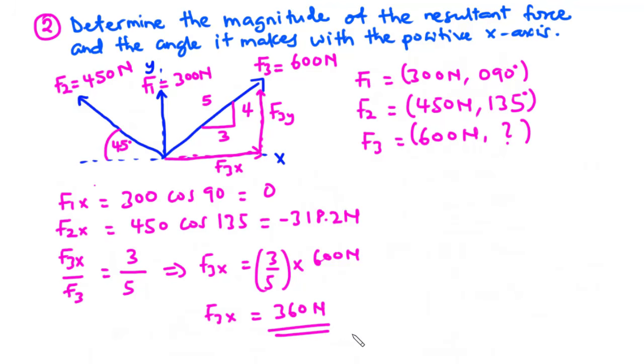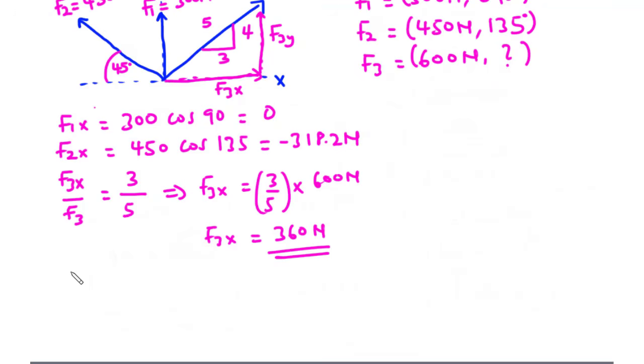So now let's find Frx. Frx equals F1x plus F2x plus F3x. F1x is 0, F2x is negative 318.2, and F3x is equal to 360. When you sum them up, you are going to get 41.8 newtons. So that is Frx.